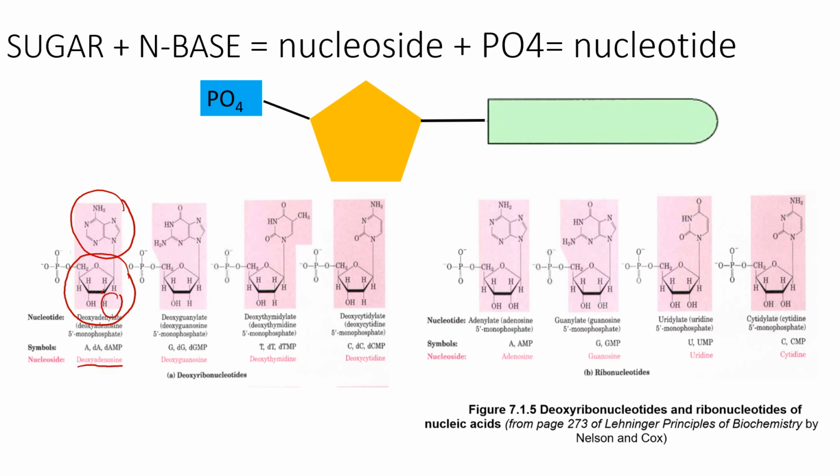If you remember in our previous slide, if this is a ribose, this is called an adenosine. So we just add the prefix deoxy if it is a deoxyribose. With the phosphate group, this is already called deoxyadenosine 5' monophosphate. The 5' here is because the phosphate group is attached to the 5' carbon of the sugar group, and monophosphate because we have only one phosphate group.